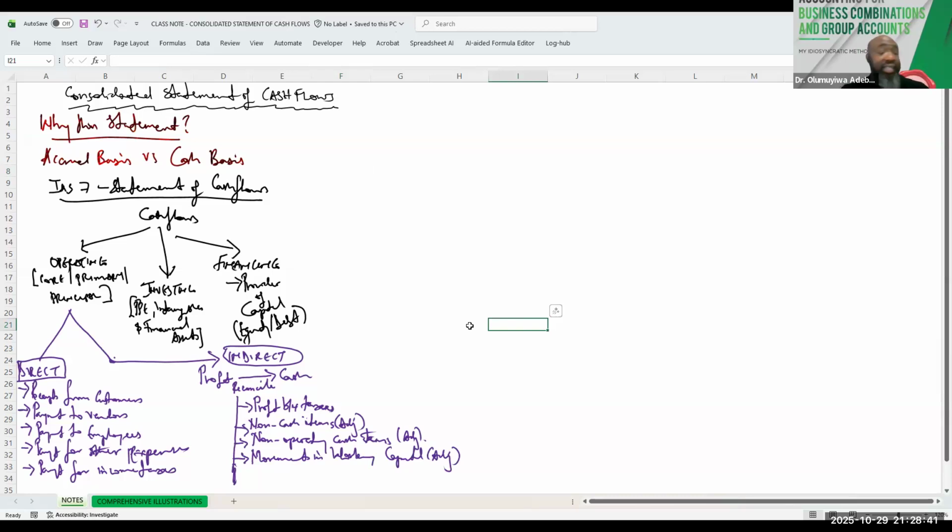cash and cash equivalent items within your working capital will not be adjusted for. That means they will be excluded. Examples are cash and bank balances, bank overdraft, and any short-term marketable instruments that qualify as cash and cash equivalents.